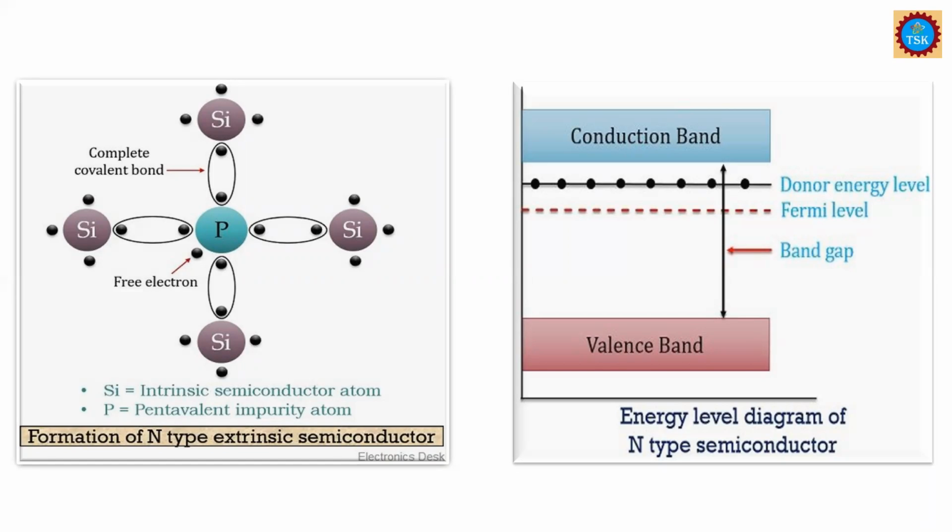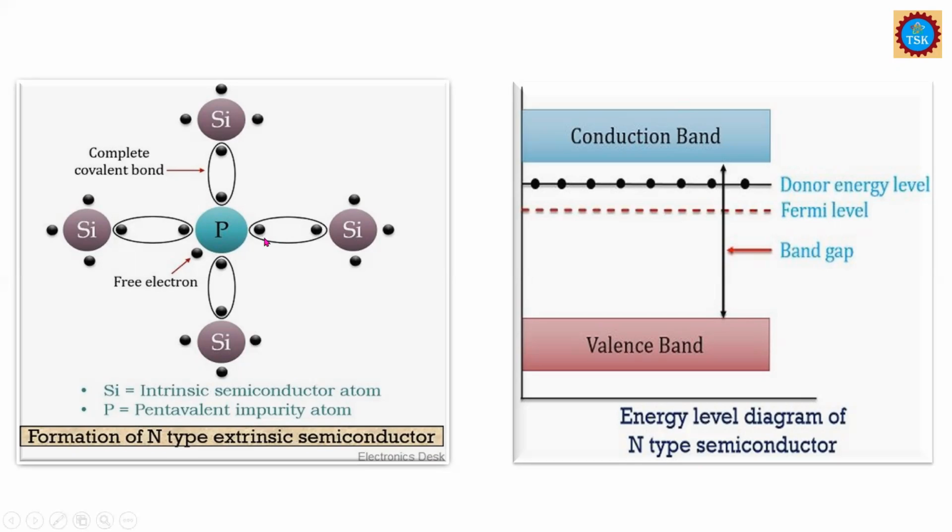In an n-type semiconductor, the parent atoms are silicon atoms. When pentavalent impurities are doped into a pure semiconductor, the pentavalent atom is surrounded by four silicon atoms. The pentavalent atom has five unpaired electrons at the outermost orbit, and silicon has four.